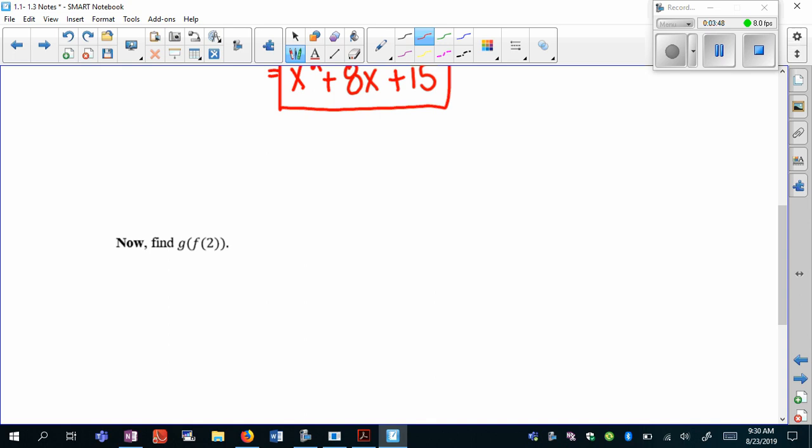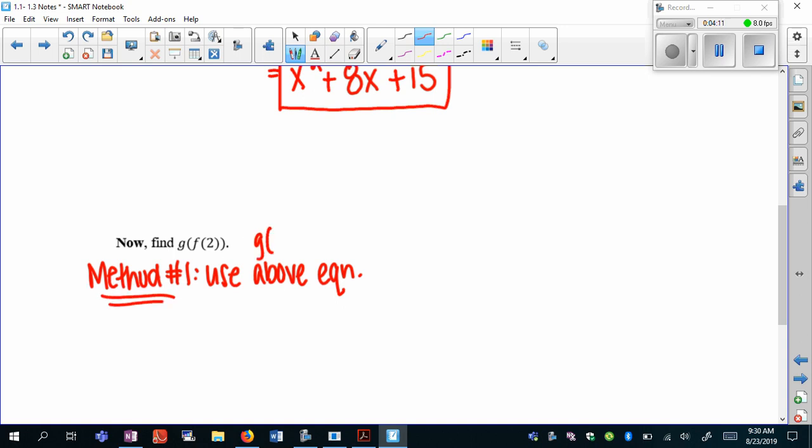So there's two ways that we can do this. One is to use the equation from above. So I'm going to write out both ways. So method 1 would just be use the above equation that we just did all that work to find. So what that means is if this was a problem, you could first find g of f of x.